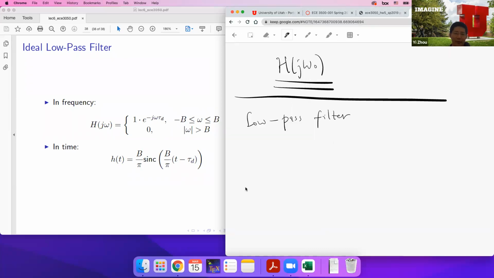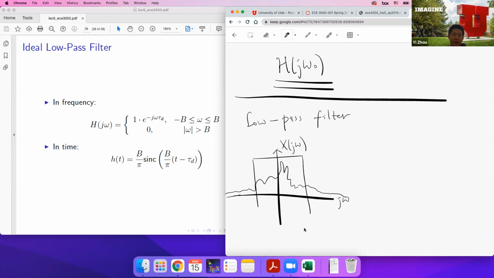The idea of a low-pass filter is that for some audio signals, if you look at the spectrum of an audio signal, it may have some high frequency components, and those could be induced by some additive noise. So sometimes we only want to keep the low frequency part.